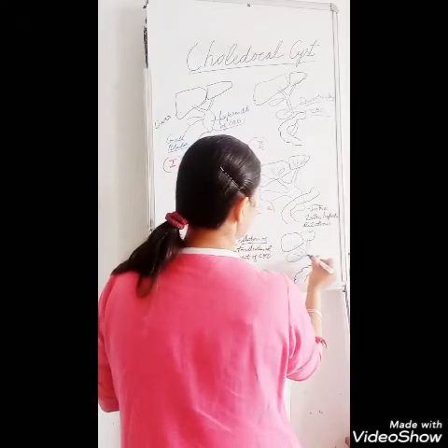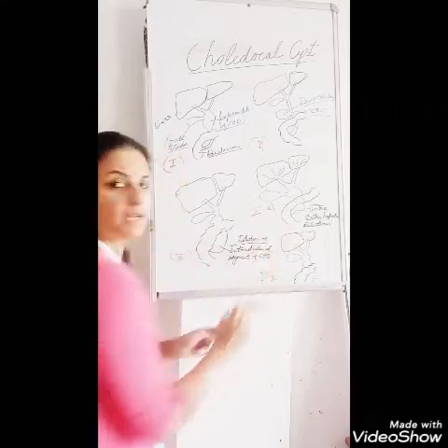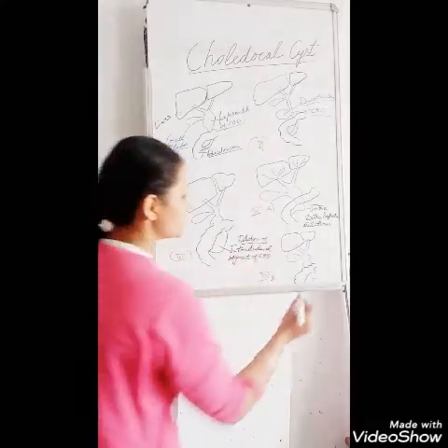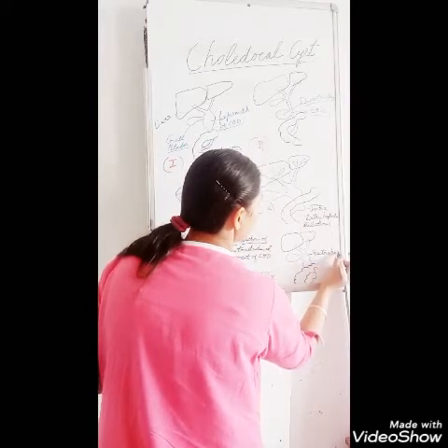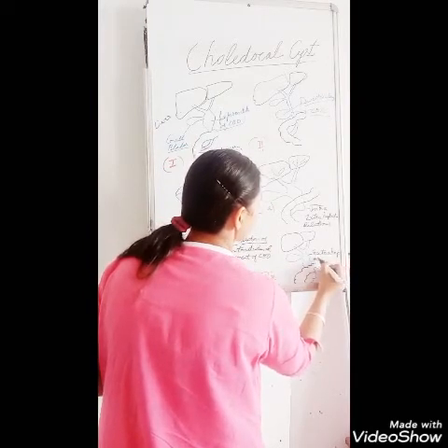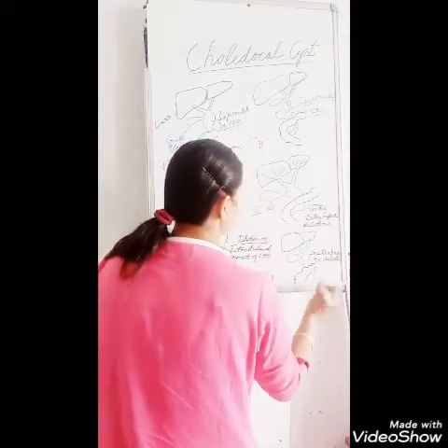So there will be extrahepatic dilatation. The intrahepatic ducts are normal, there is no dilatation. Only the extrahepatic dilatations. This is the fourth B.